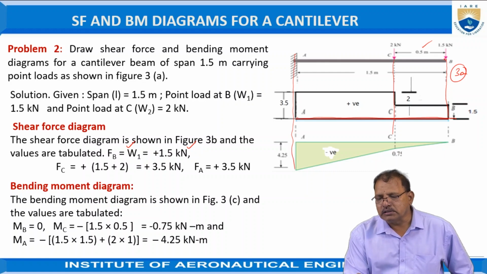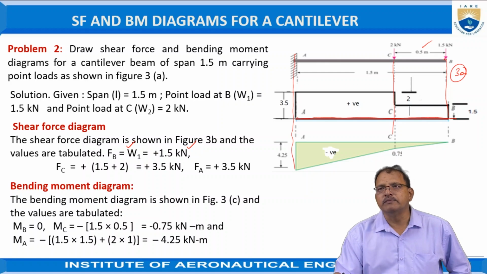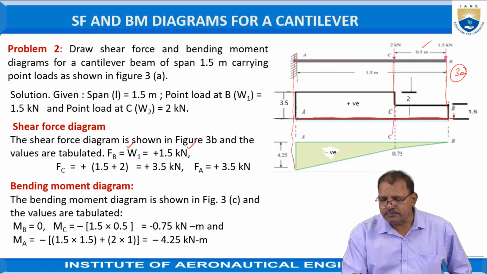When we are moving along the beam from B to C, just before reaching the point C, the shear force remains constant, and hence the shear force just up to the point C is equal to 1.5 kilonewtons only.